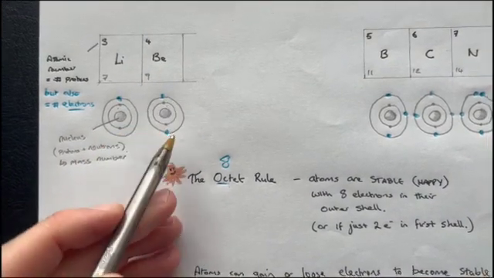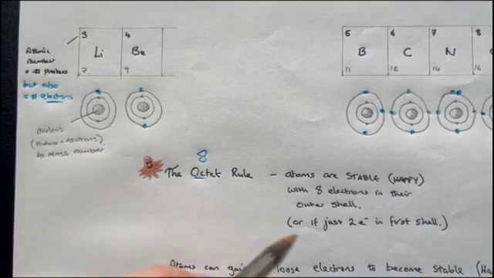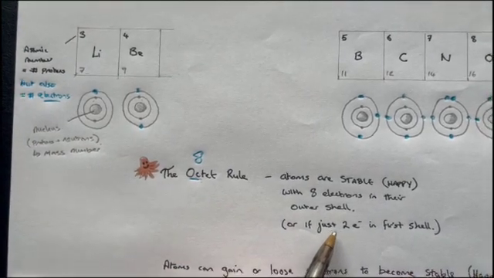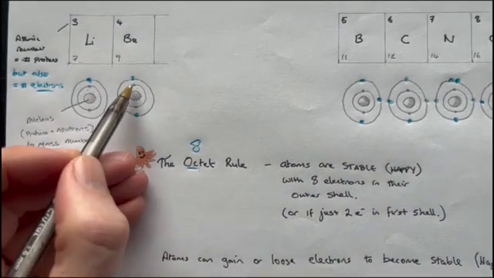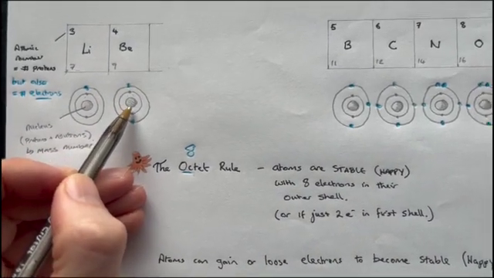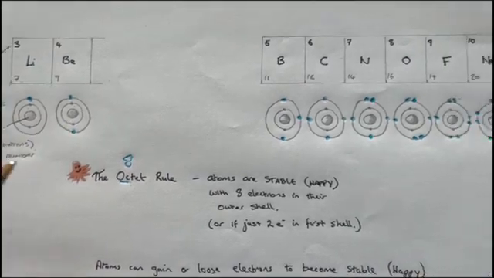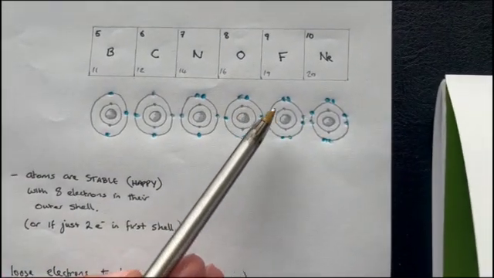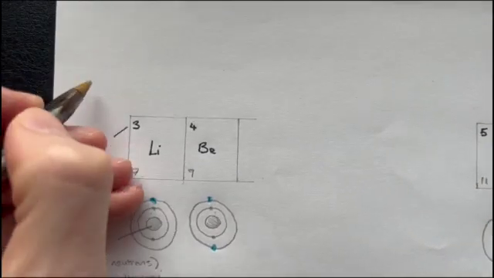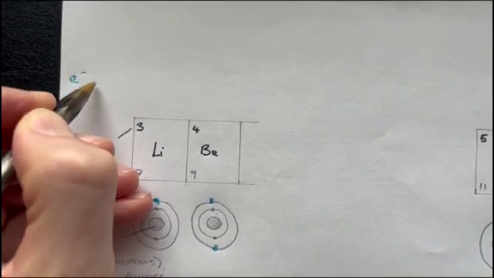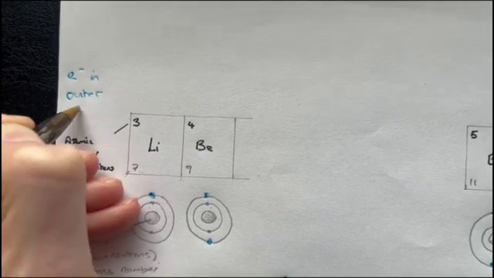Likewise, beryllium has 2 electrons in its outer shell, but it's not agreeing with this because it already has a first shell with 2 electrons in it, and therefore it is unhappy as well. And so on with all of these, whereby we can put electrons in outer shell.